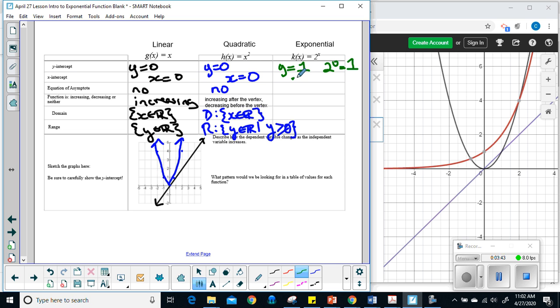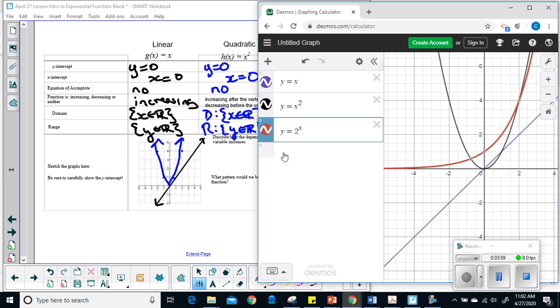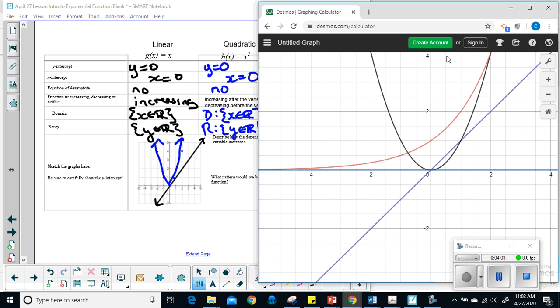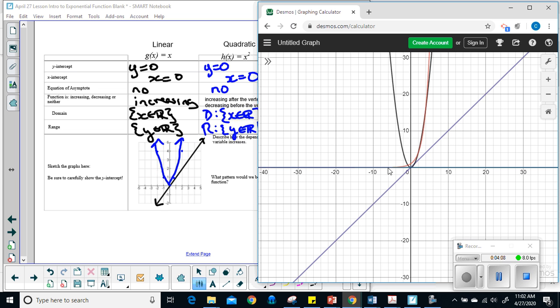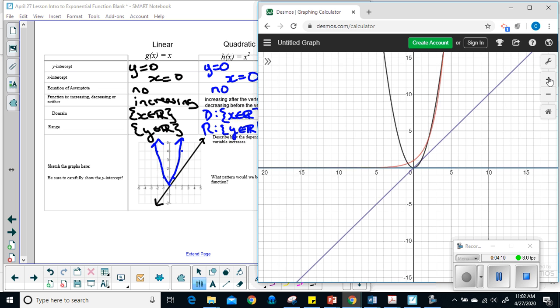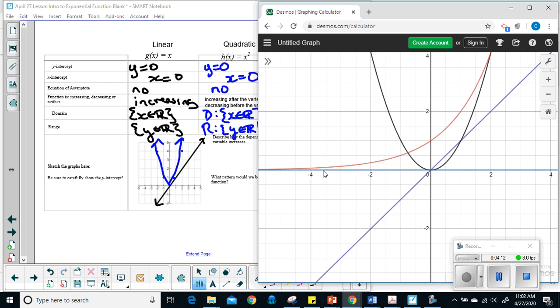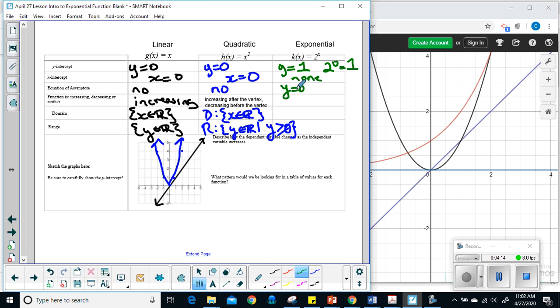My x-intercept, well, I don't actually have any, because my y equals 0 is my asymptote, because I can never sub in a value for x that would give me a 0 value. So y equals 0 is the asymptote. So what does that mean? Let's look. I typed in y equals 0, so my nice little flat line. Doesn't matter how far out I zoom, that swoosh will never cross it. And because it'll never cross it and never touch it, that's the definition of an asymptote.